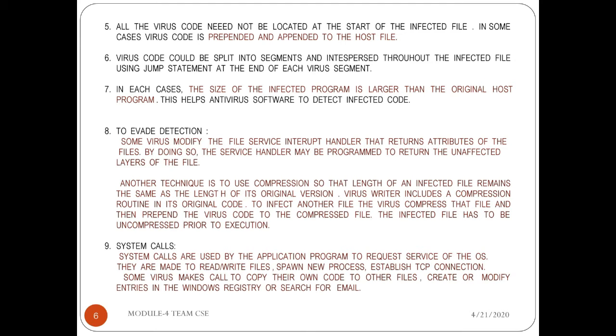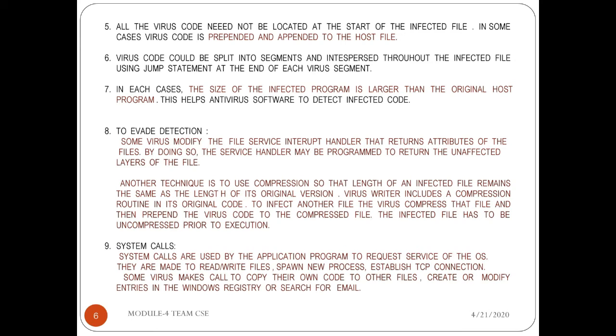Next, eighth one, to evade detection. Some viruses modify the file service interrupt handler that returns the attributes of the files. By doing so, the service handler may be programmed to return the unaffected length of the file. Another technique is to use compression so that the length of an infected file remains the same as the length of its original version.